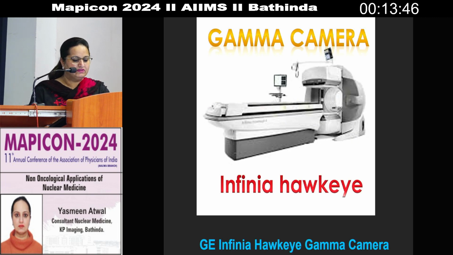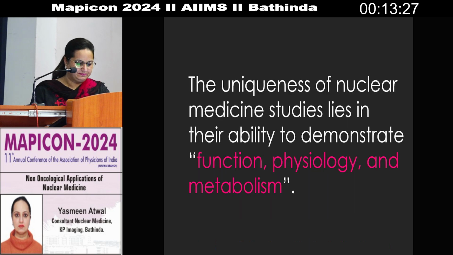And we have the gamma camera, the Infinia Hawkeye, that forms the basis of the non-oncological imaging. Our center has both machines, and as such, it is the only full-fledged nuclear medicine center with both scanners in the region, next to it being DMC Ludhiana.